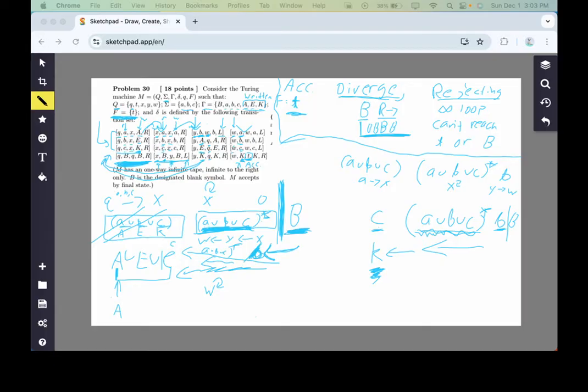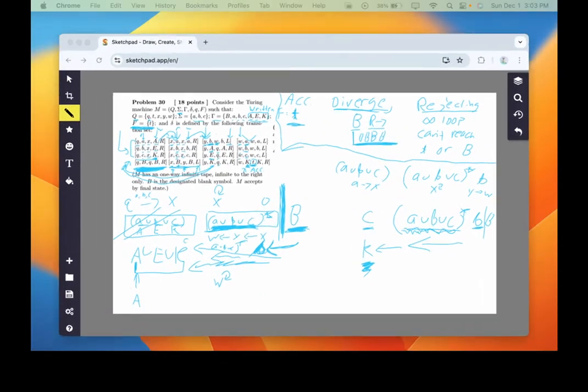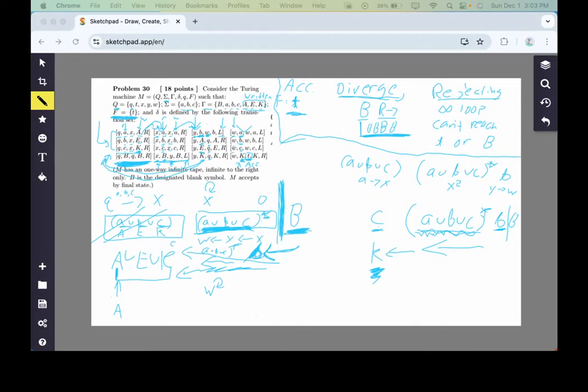Is this question asking for a regular expression? Great question. Write a regular expression. Yeah, okay, this is asking for a regular expression. If you were not asked for a regular expression, it's even easier.